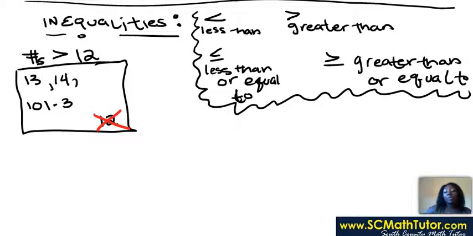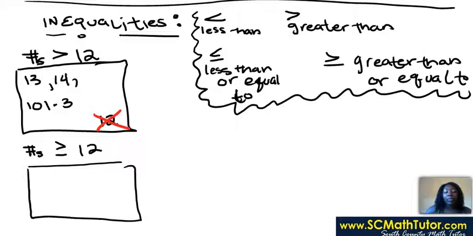Okay, well, let's change this problem a little and I'll ask you for numbers that are greater than or equal to 12. Okay, these numbers are certainly greater than 12. We just said it. They were 13, 14, 101.3.